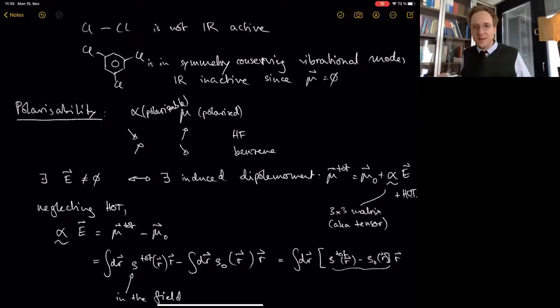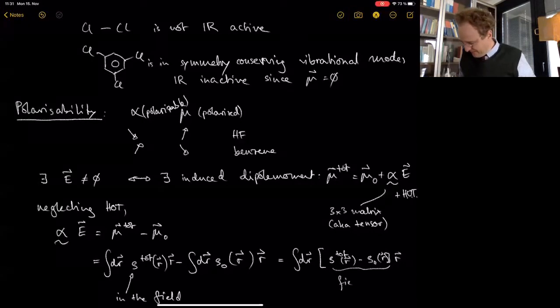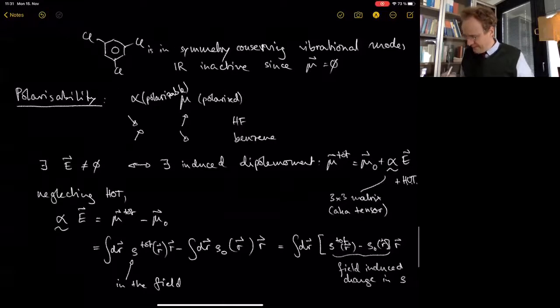That is at the heart of what the field is doing. Think about your electron density in terms of the wave function, by virtue of Hohenberg-Kohn. So your system is changed by that field, and that's what this difference represents: the field-induced change in electron density.